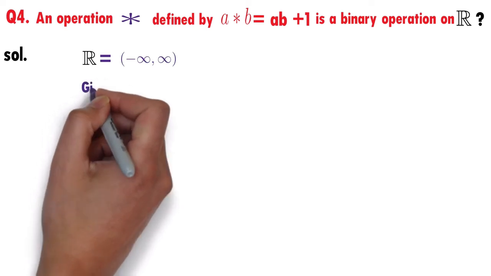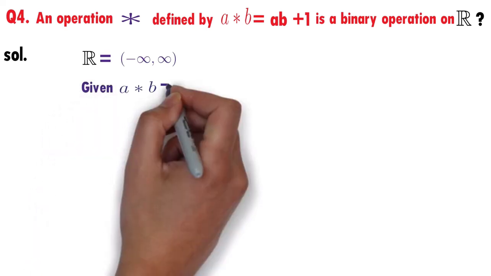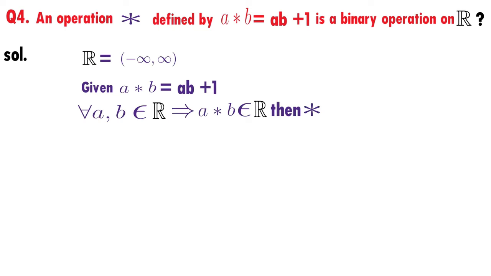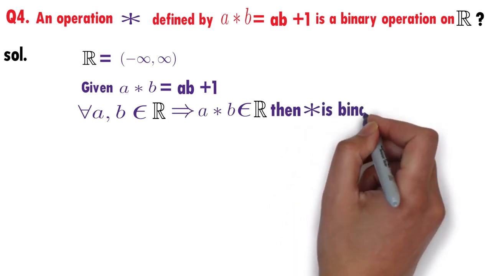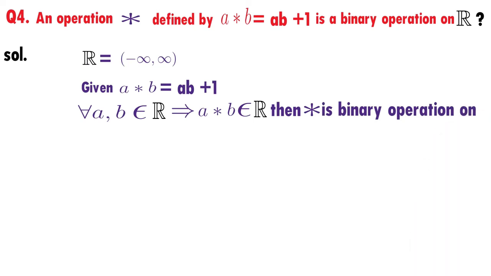Real numbers are also known as the union of integers, rational and irrational numbers. Given that a star b equals ab plus 1, we know that if for every a comma b belongs to R, a star b belongs to R, then star is a binary operation on real numbers.